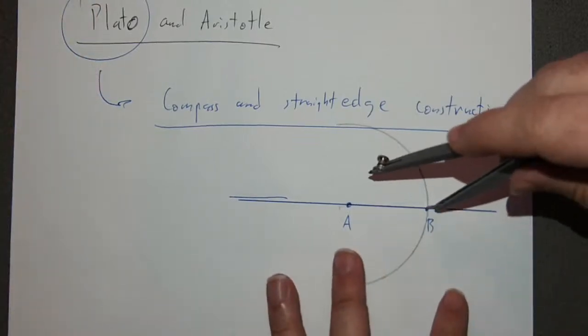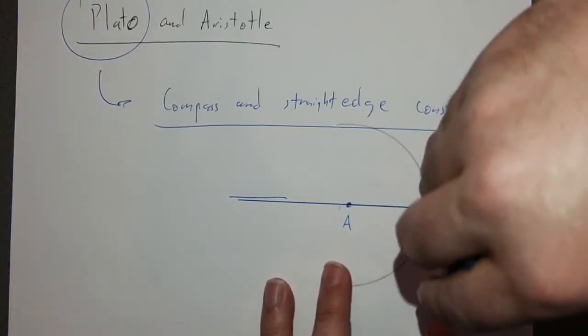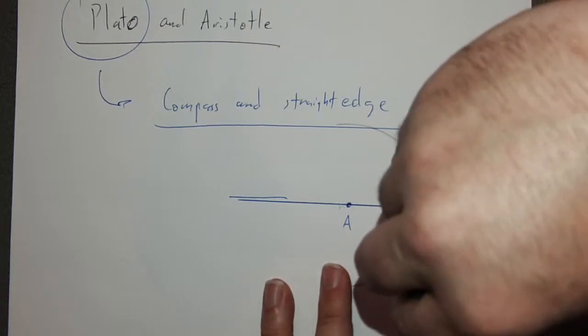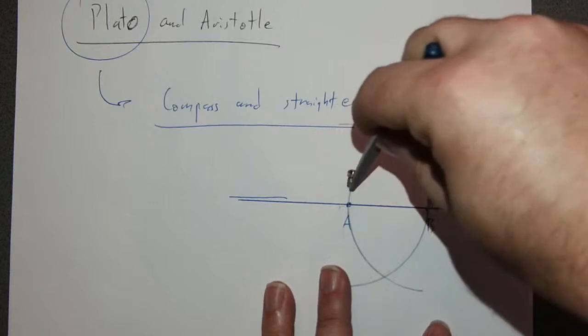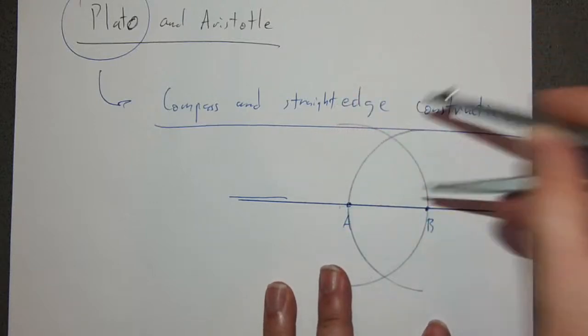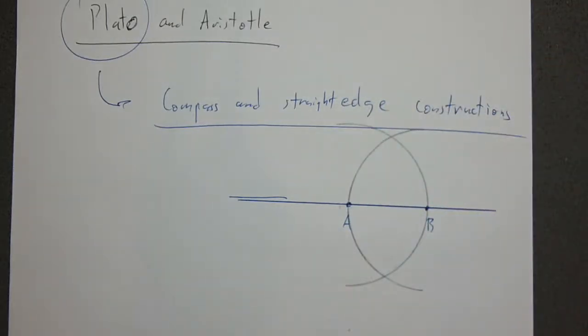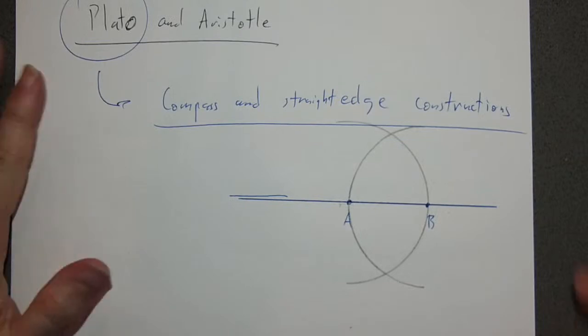I do the same thing from B. Now I notice I get two points of intersection.